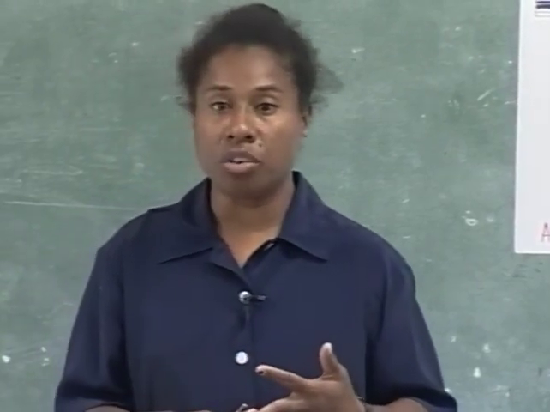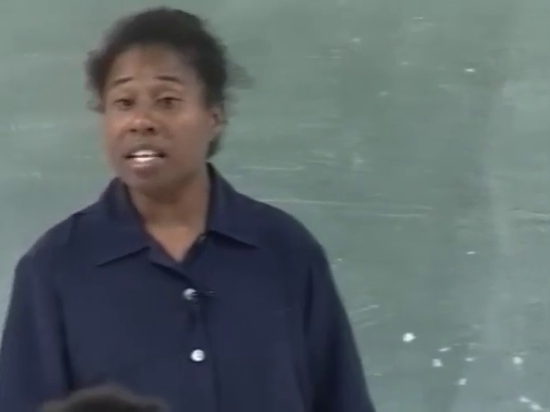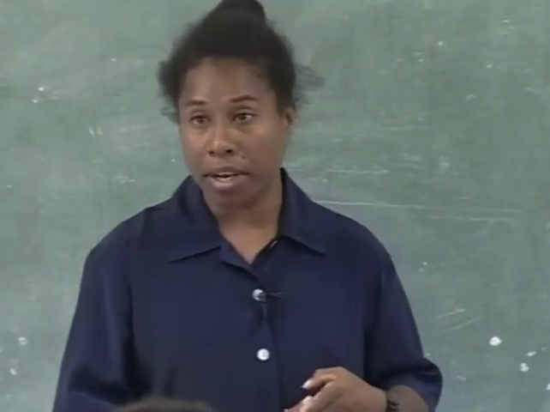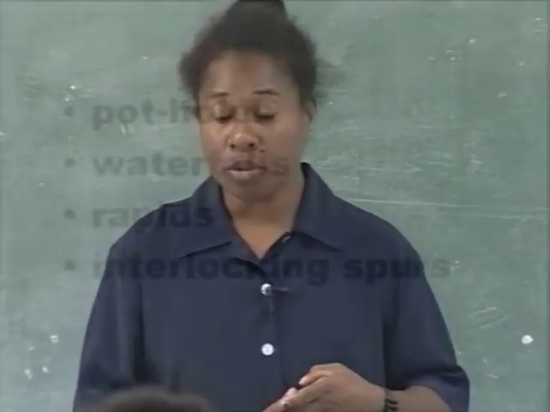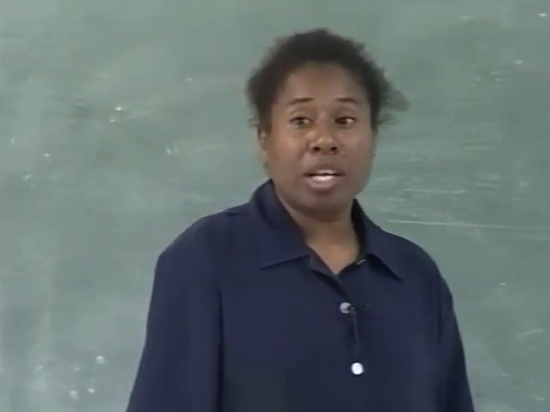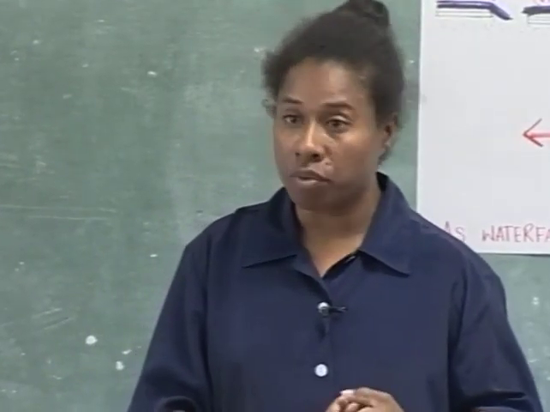And the third stage, of which deposition is dominant. In the first stage of a river valley, these are some of the features which are common. Features such as potholes, waterfalls, rapids, and interlocking spurs. We had time to actually look at the formation of potholes and also the formation of waterfalls.